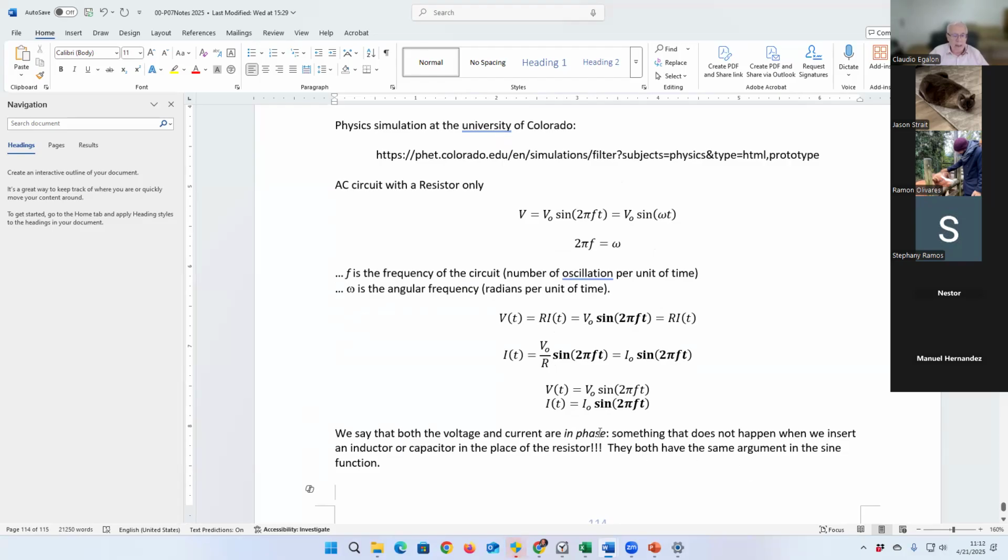I'm emphasizing that because we do not have something like that when we put a capacitor or an inductor in the circuit. Something like that does not happen whenever we insert an inductor or a capacitor in the place of the resistor.